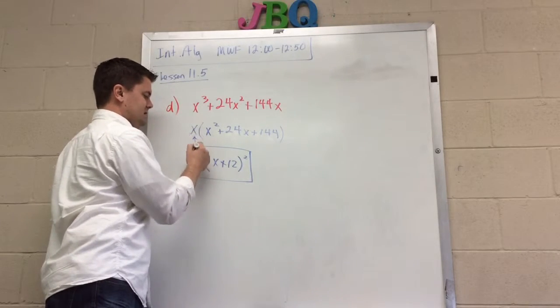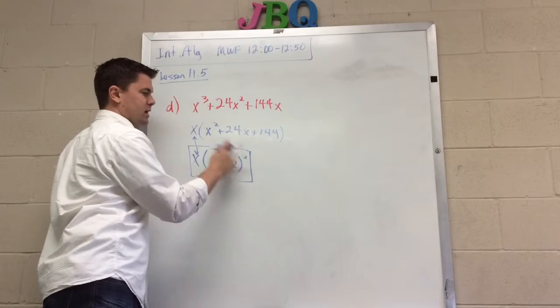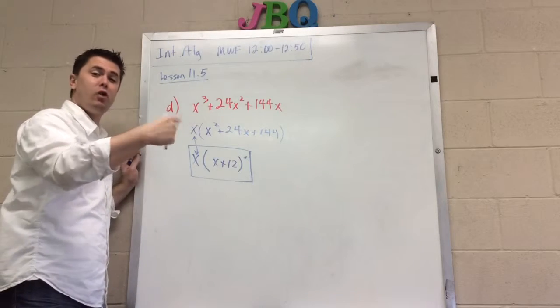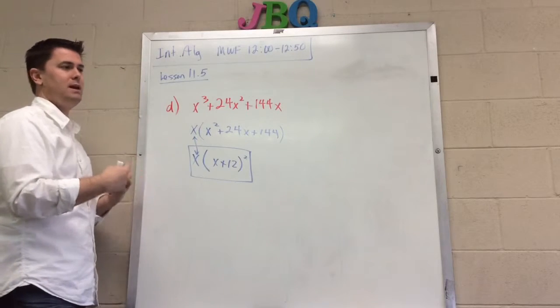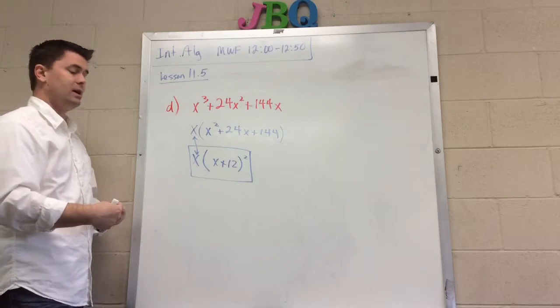So this x matches that x. This (x plus 12) squared is what this would be if I FOILed it back out. So again, we're rewriting the trinomial in its factored form.